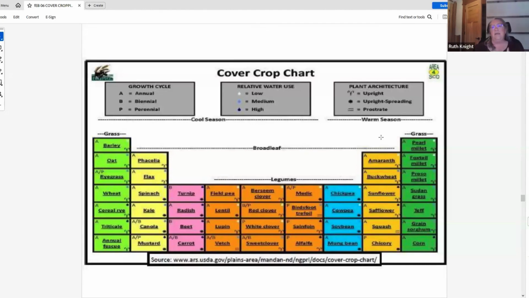So you'll recognize some of these are also crop species, but Phacelia, in a cool season, flax, flax has been grown in intercrop situations with other cash crops, so that could also be considered a way of getting diversity into your rotation.